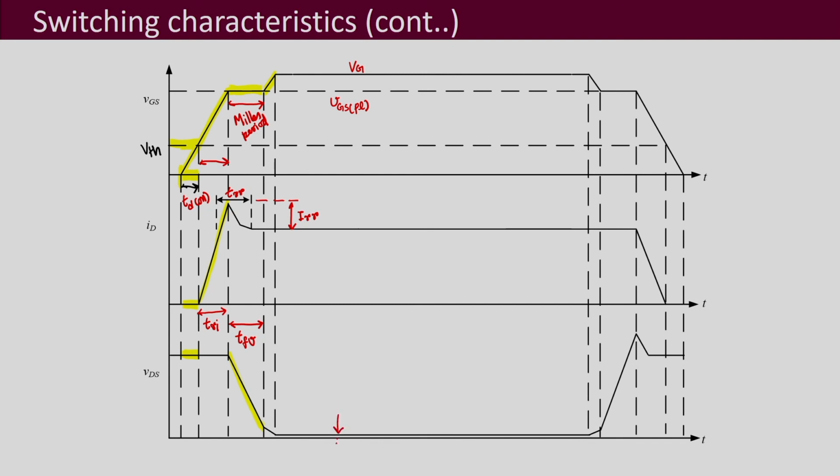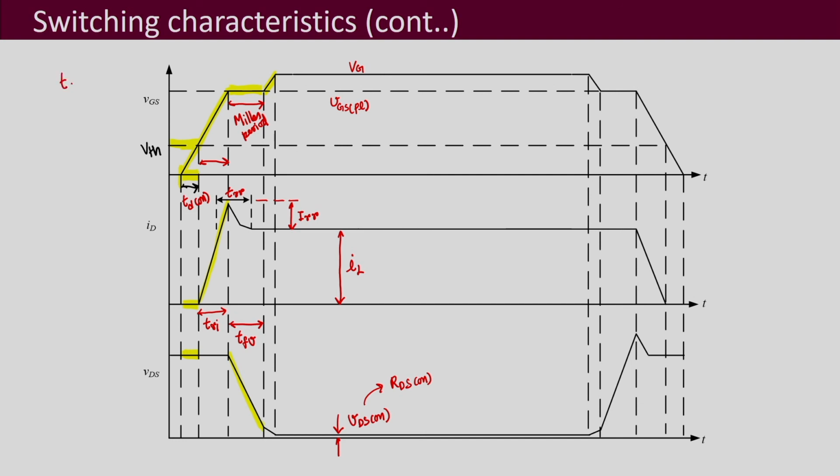So, this one is your VDS on, the on state voltage drop, and this is very much contributed by the on state resistance, and this part is your IL, the inductor current value, which is the inductor current during the on state that is going to conduct.